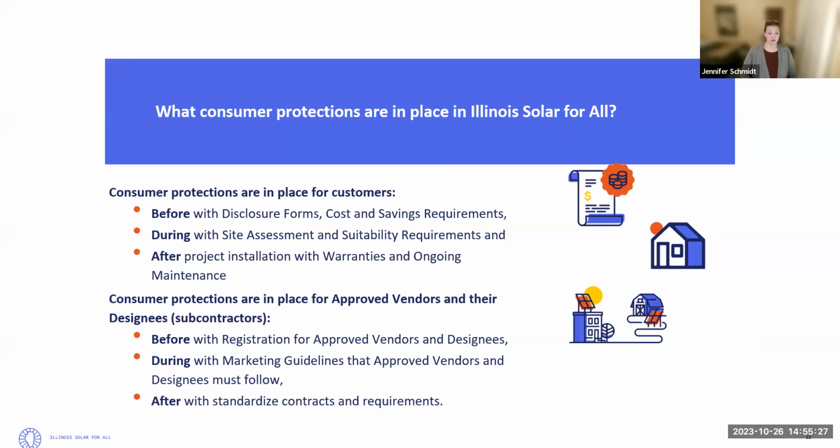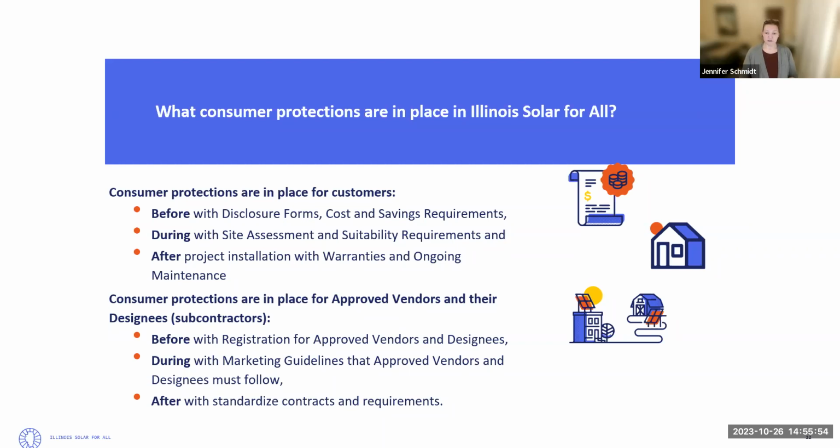We also have consumer protections in place for the approved vendors that are working with us. So there's a registration process to make sure that we're vetting all of the vendors that are working with us and our customers. There are marketing guidelines that make sure that any promotions to potential customers are truthful, transparent, and also respectful with regards to things like door-to-door marketing.